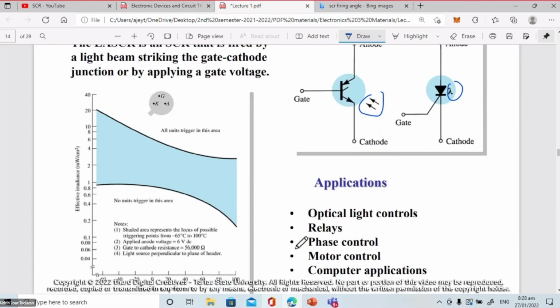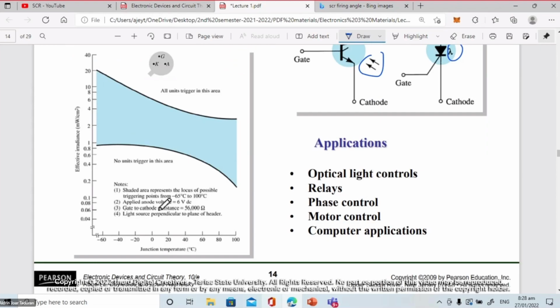So meron tayong particular wavelength. Kailan yung possible na pag-trigger niya. So mapapansin natin around siya yung effective radiation niya around 20 milliwatts per centimeter squared. Okay. So para ma-trigger yung SCR. Tapos ito yung minimum.